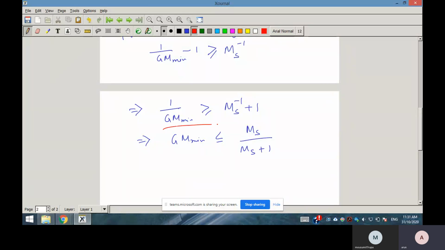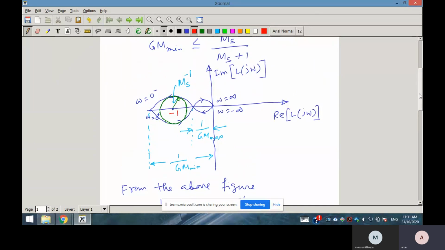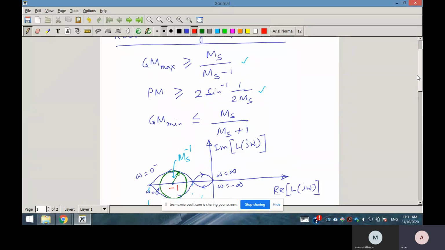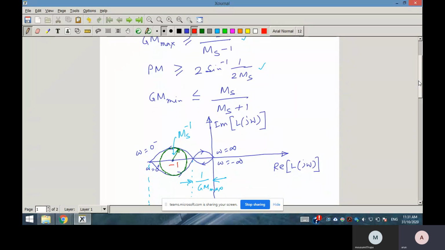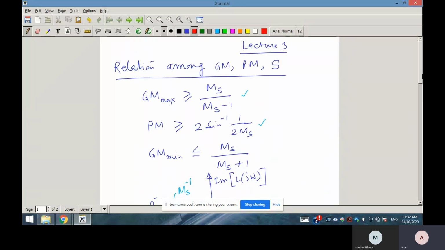Okay, so the derivation is very simple. For this figure, the derivation that I have done in the last class for GM max and phase margin also holds, and you can do exactly the same way. So these relations of GM max, phase margin, and GM min with MS hold for any Nyquist plot.